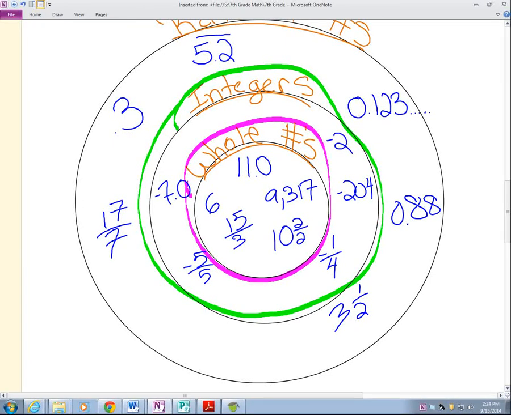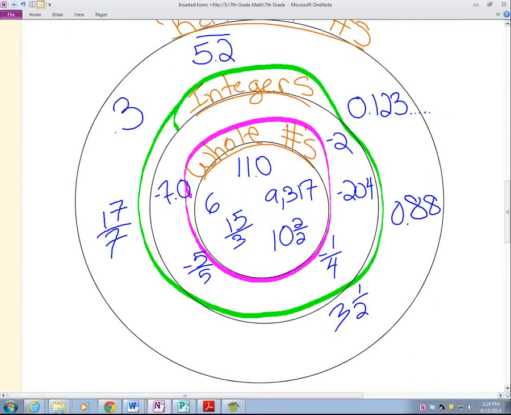But all the ones circled in the green highlighter are all integers. They're all rational numbers, but some of them, all of them, are integers. Some of them are whole numbers.